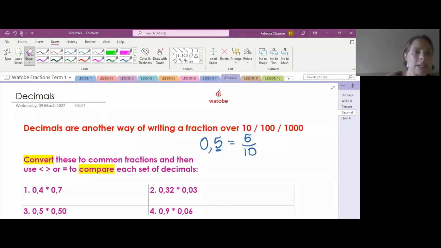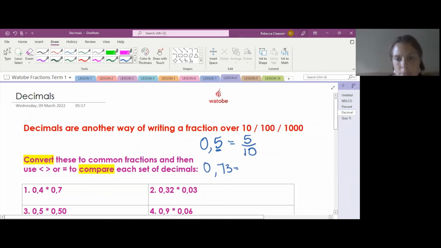Okay, so it means it is 5 over 10. 0.73, because there's 2 decimal places, it means it is over 100, because there's 2 zeros in 100. So the 2 zeros make 2 decimal places. So we have 73 over 100.